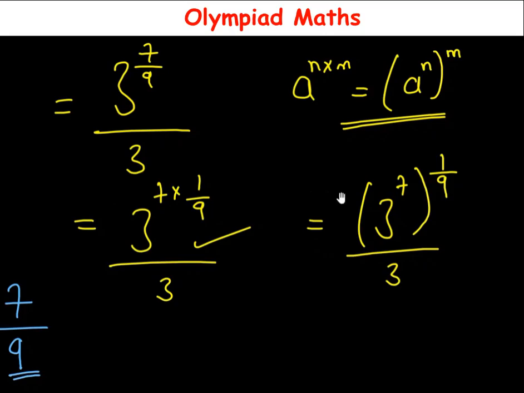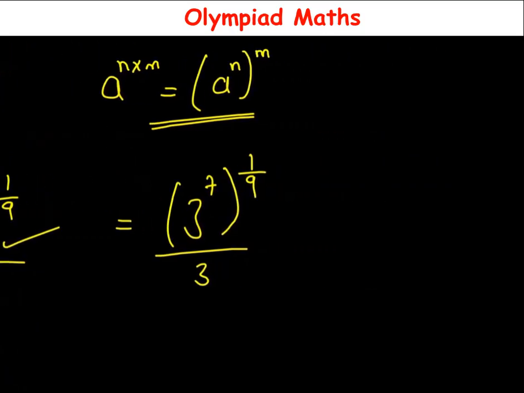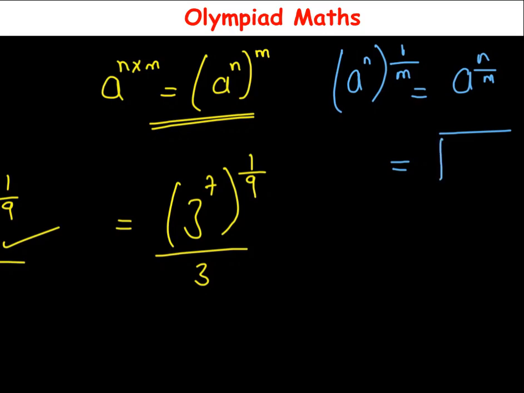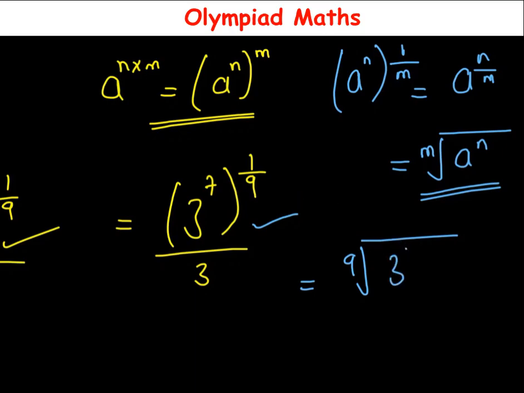So at this junction, we are also going to apply this rule that if you have, in bracket, a raised to power n, all raised to power 1 over m, this is equal to a raised to power n over m. And this is also equal to the m-th root of a to the power n. So applying this right here, this is then equal to the 9th root of 3 raised to power 7, then all over 3.